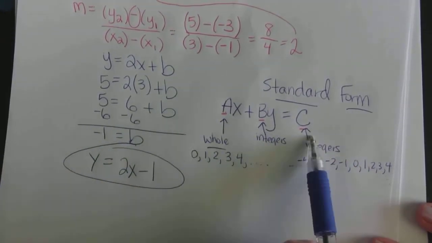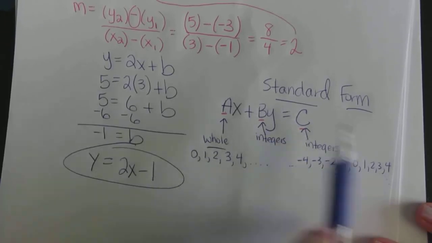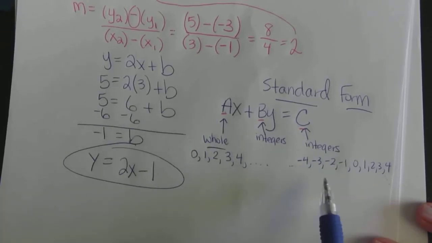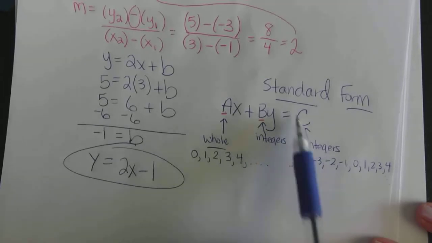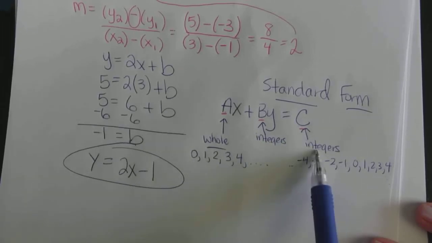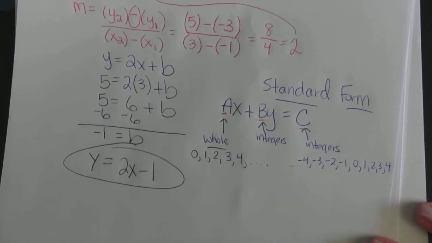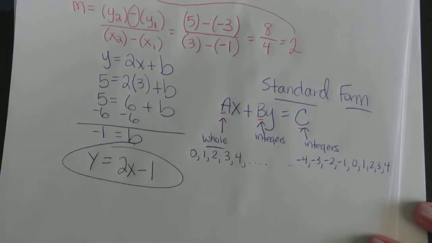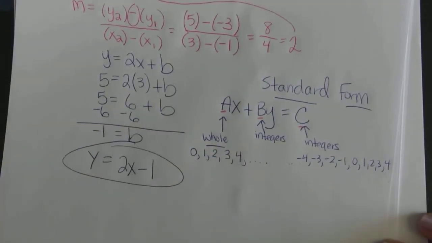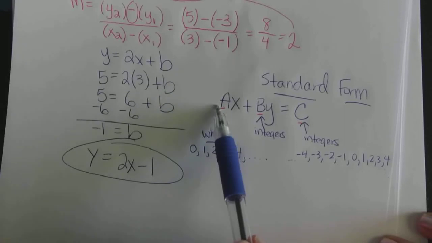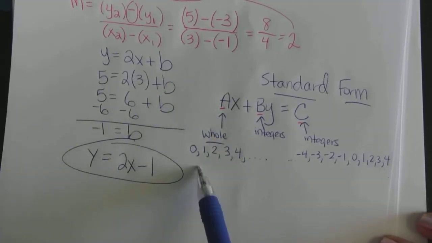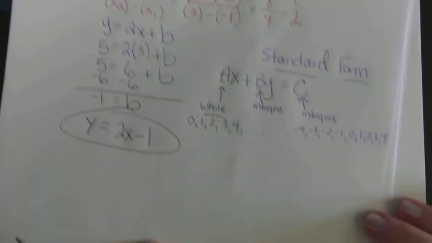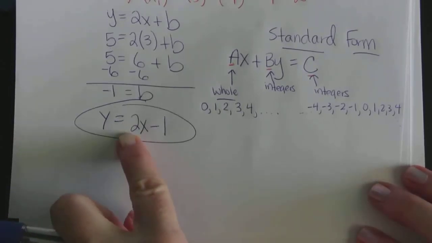So the difference is b and c can be negative or positive, but integers do not include fractions or decimals. So right across the board, there can be no fractions, no decimals, but this a has to be positive.